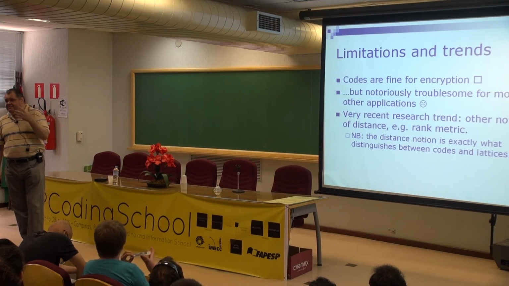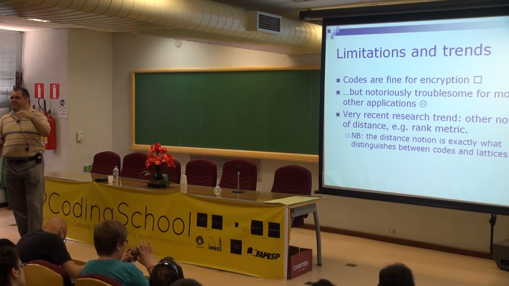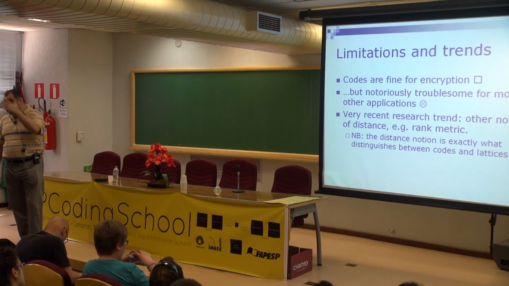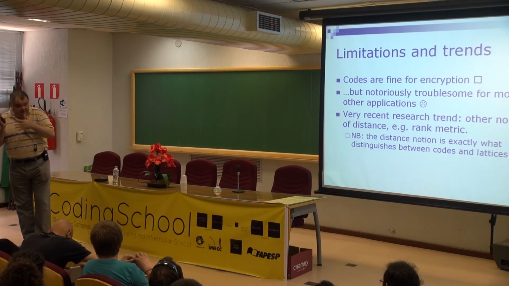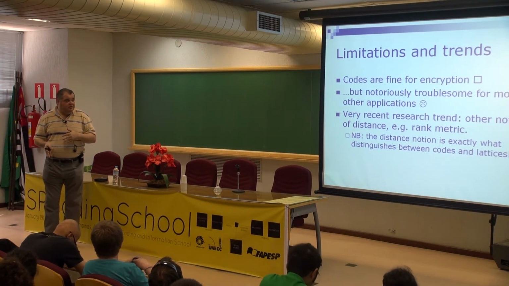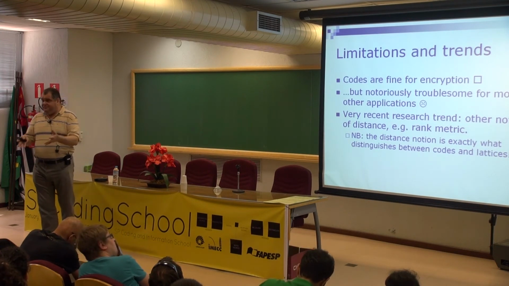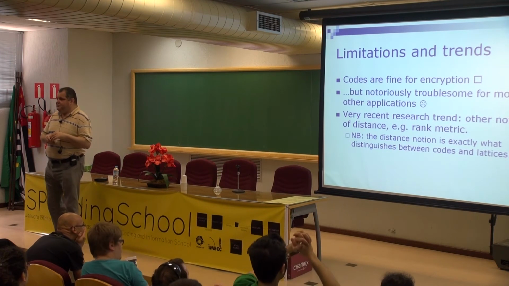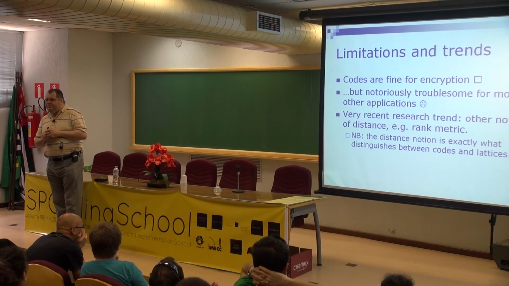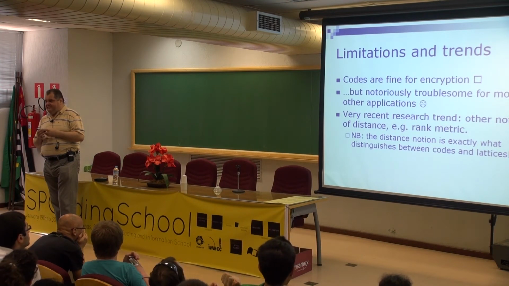It's essentially the same thing that we do when switching between codes and lattices. Lattices use a different notion of distance, a different notion of norm. So do the same, but remaining in the realm of codes. For instance, use the rank metric code. So is it possible to do digital signatures efficiently? Yes.